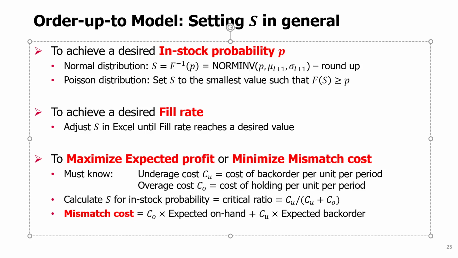So the inverse, we have to calculate it for the mean and standard deviation that correspond to demand in L+1 periods. And remember also to round it up in order to overachieve the in-stock probability rather than underachieve it.